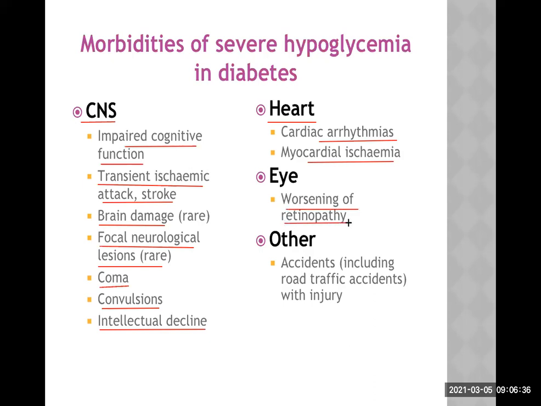Diabetic retinopathy is a chronic complication of diabetes, and if the patient already has it, further worsening occurs. And accidents are quite common in hypoglycemia because the patient is drowsy and sleepy. Just remember, if that patient is driving, there can be a severe accident. So these are some of the morbidities.